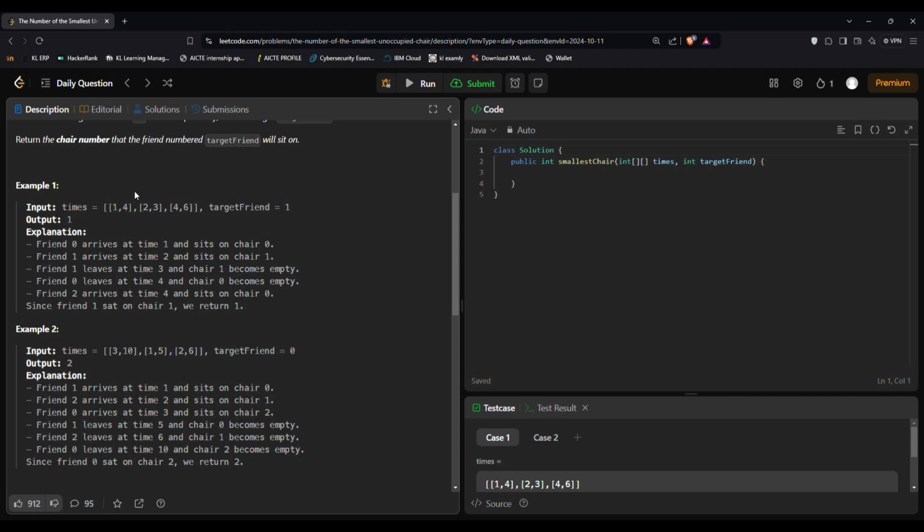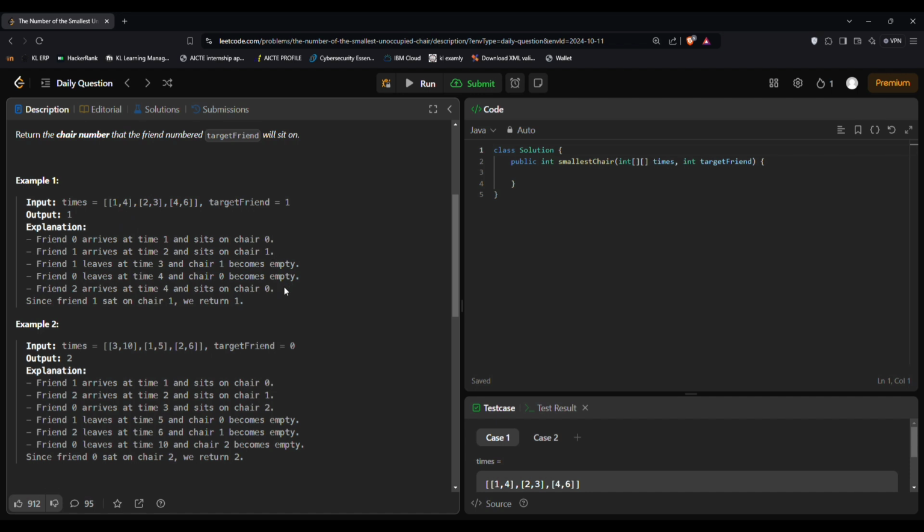Friend 1 arrives. He will directly sit on chair 1 as chair 0 is occupied. Friend 0 leaves at time 4 and friend 2 enters the party at time 4. So he will directly sit on chair 0 as it becomes unoccupied. The target friend is 1. The target friend will remain in chair 1 itself. We have to return 1.